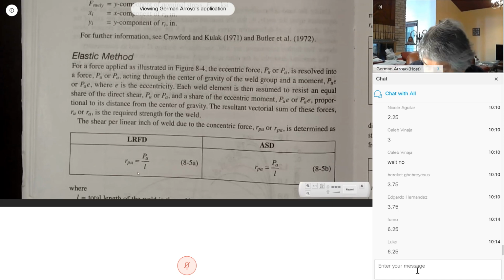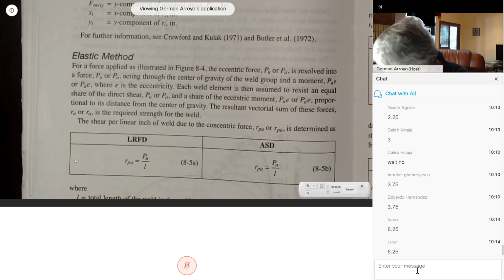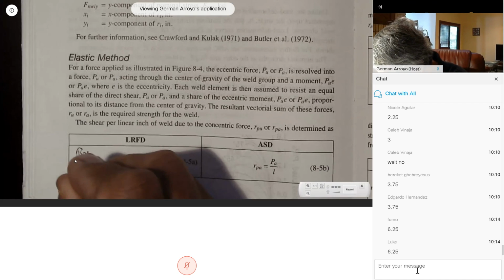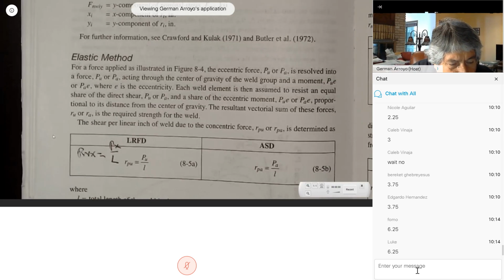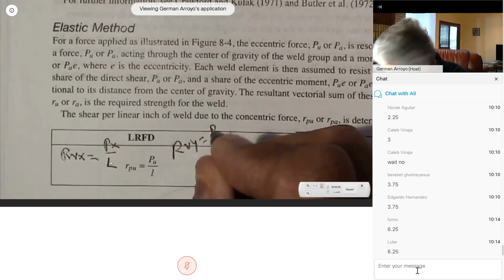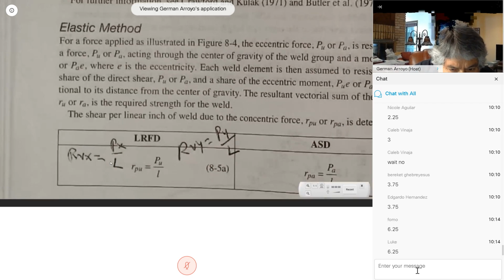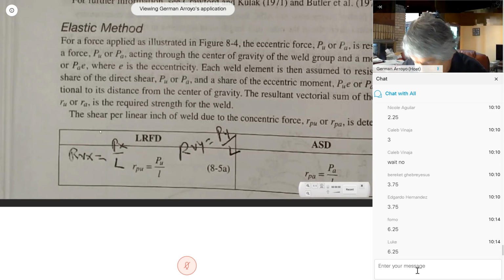So for the x, I want you to write Rbx is equal to Px over L. This is the direct shear Rbx, Px over L. And Rby, Py over L. So this is the direct shear in x, direct shear in y. L is the total length.